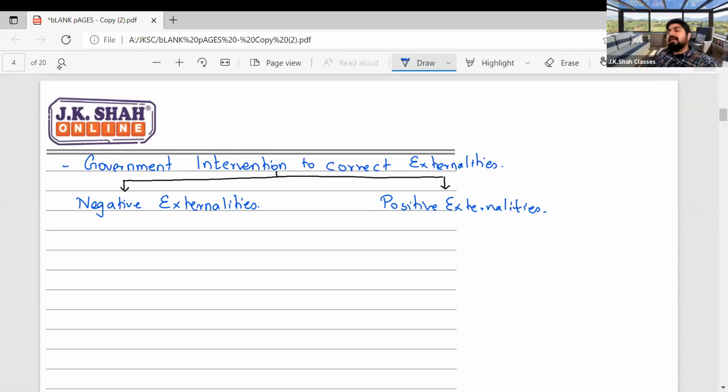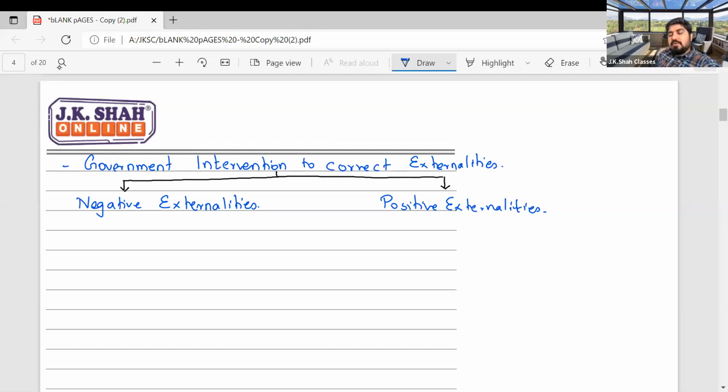See, in negative externality, government will stop you from spreading it. But at the same time, don't you think positive externality should also get support? See, intervention doesn't necessarily mean it will only deteriorate the company or degrade the company. It can also work towards promotion of a company, yes or no?